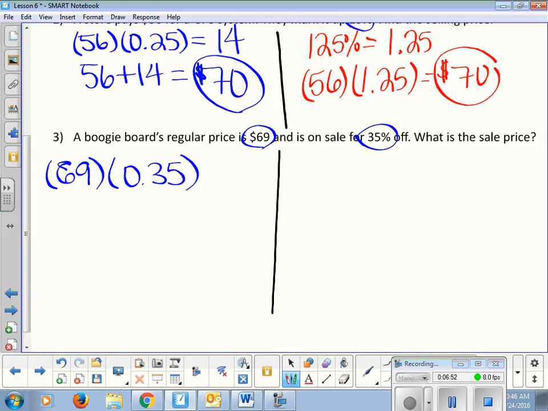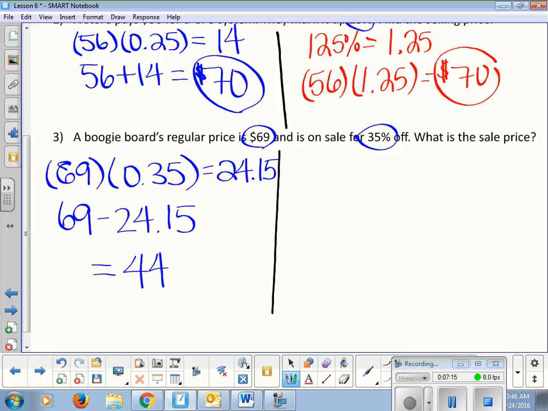When you multiply these two values together, what did you get? 24.15. Are we adding or subtracting this from our total? Subtracting. It's a discount, so we take it away from our original price. When you subtract these, what did you get? $44.85.